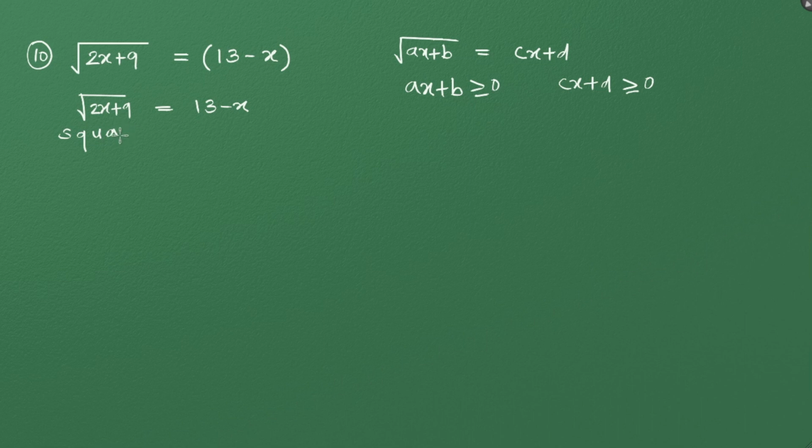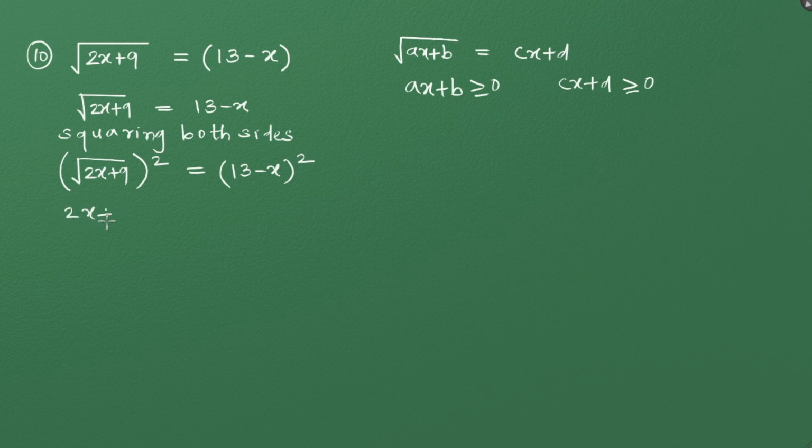Now squaring both the sides, this becomes 2x plus 9 equals 13 minus x the whole square.